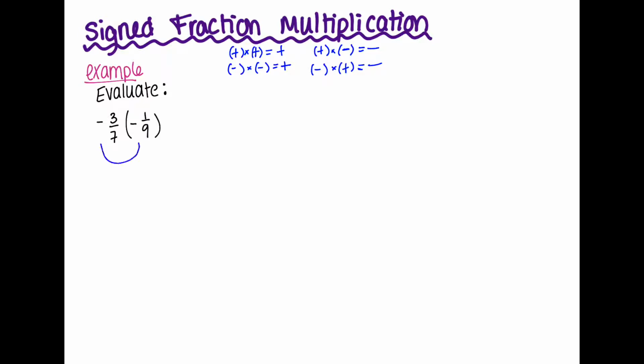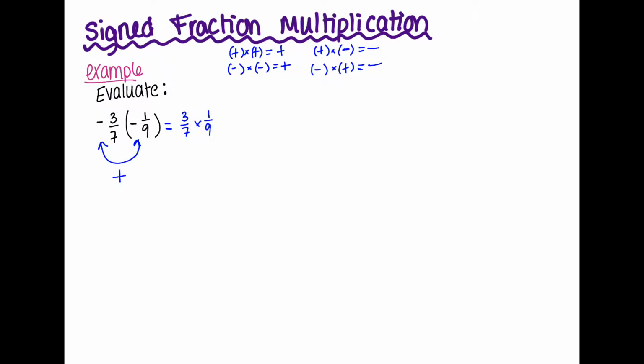Here I'm multiplying a negative and a negative, so I know my answer is going to be positive. I'm going to ignore the negative signs now because I know that my answer is going to be positive. From there, I can just look at this as 3/7 times 1/9. I can simplify a little because 3 and 9 share a common factor. You're looking for a number on the top to share a common factor with a number on the bottom.